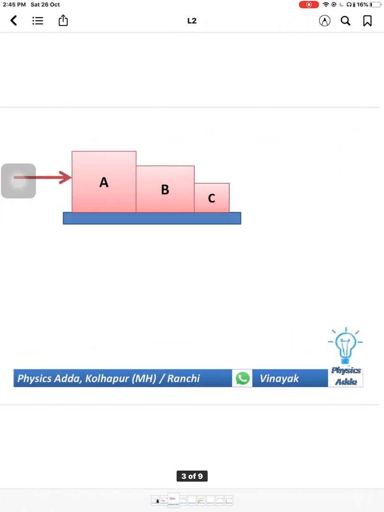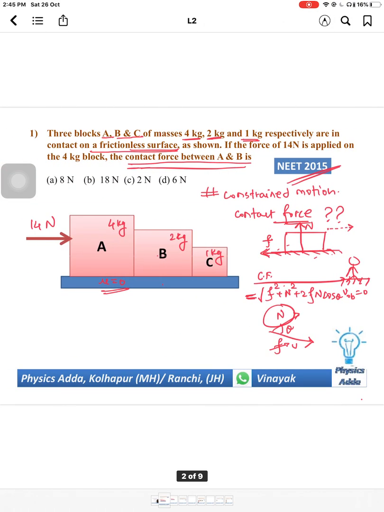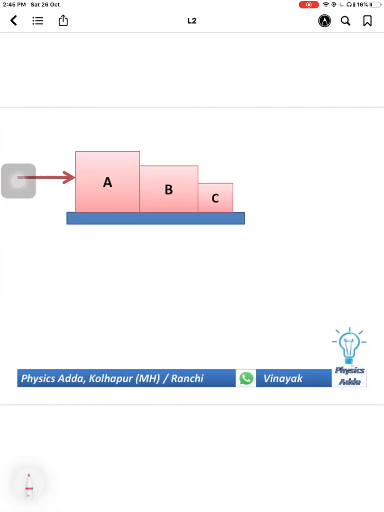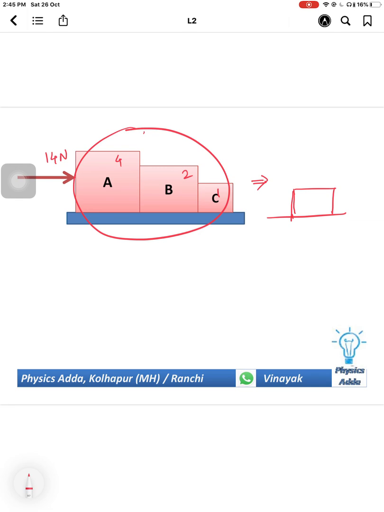So let us solve the problem. I'm having 4 kg, 2 kg, and 1 kg blocks. This is 4 kg, this is 2 kg, this is 1 kg, and this is the 14 Newton force. Then I can consider this whole as a single system, then I will find the acceleration.